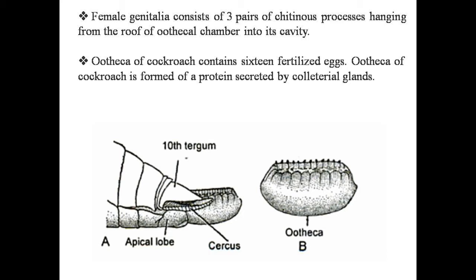The ootheca of cockroach is formed of protein secreted by the collateral gland. Ootheca is purse-like in appearance, and on both sides it comprises 8 eggs each, that is, a total of 16 eggs are present within the ootheca.